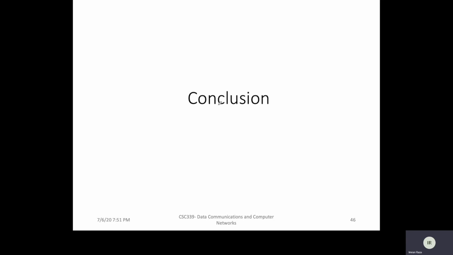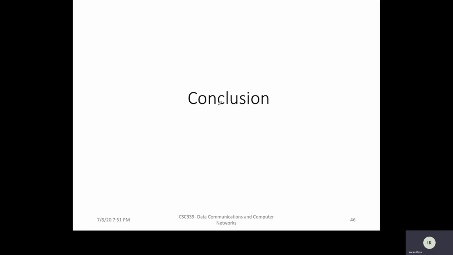Then we looked at the problem with the fixed length subnet mask, where a fixed number of nodes are allocated against each subnet, and this in fact ends up wasting many host addresses. So for that, we have variable length subnet masking, where we can cater to the variable needs of each subnet. And then we discussed the need for Internet Control Message Protocol to report errors and network problems.